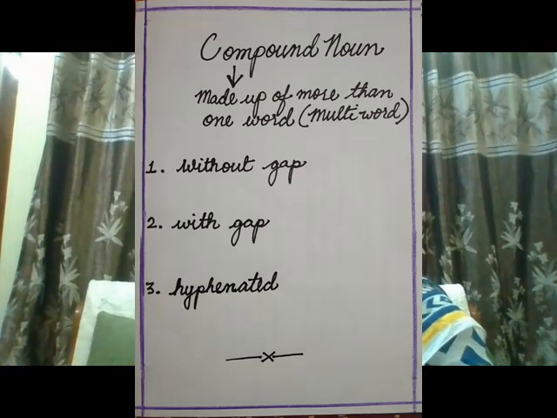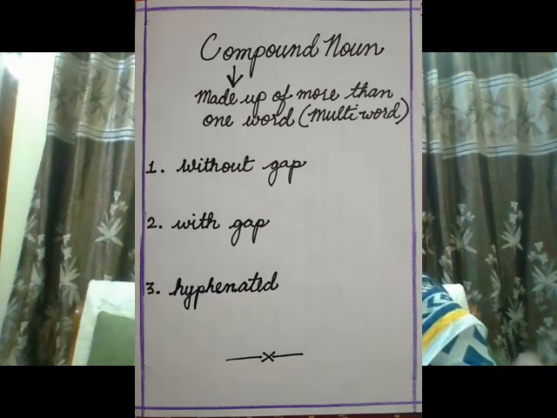Like if I say table, table is a common noun. But if I say tabletop, tabletop will become a compound noun. And this tabletop is a common noun also and it is a compound noun also. But there are three ways to identify and to create a compound noun.